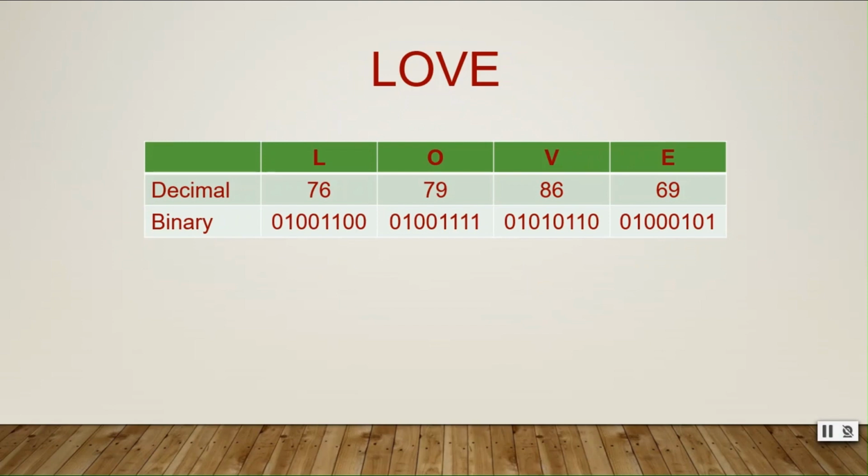To convert the 79 to binary, you get 01001111. If you convert the 86, you get 01010110. And you convert the 69 to binary, you get 01000101. So in the last row, you have the word LOVE in the binary system.